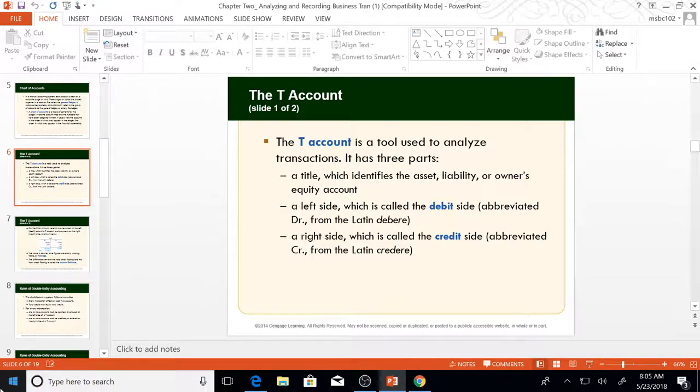Let's say the total on the left side is 200 and the total on the right side is 150. Which one is the highest? 200, the debit. By how much? By 50. So the balance is on the debit side with 50. All right? Good morning. Good morning. So these are the components of the T account.